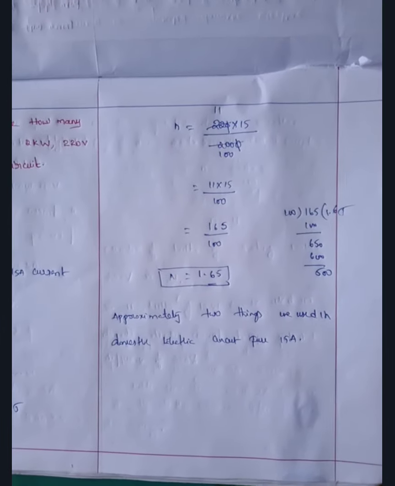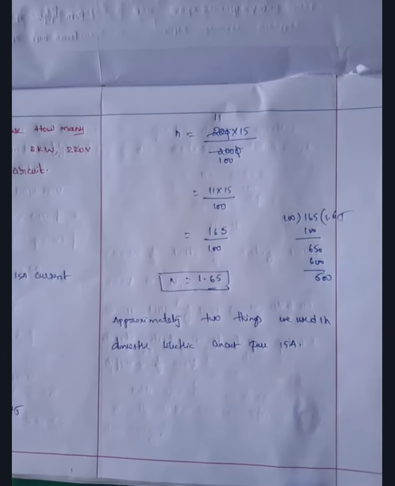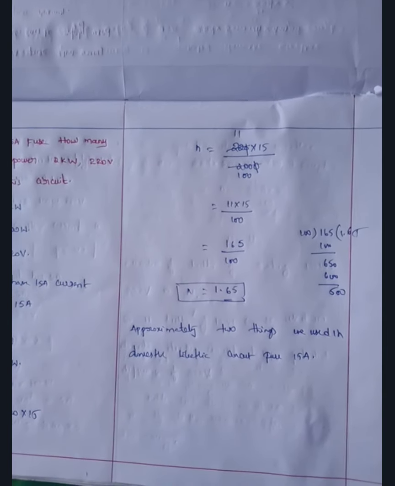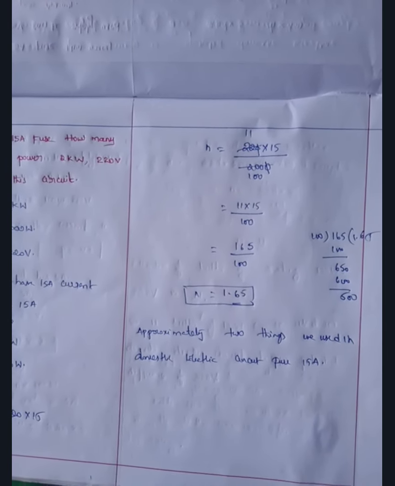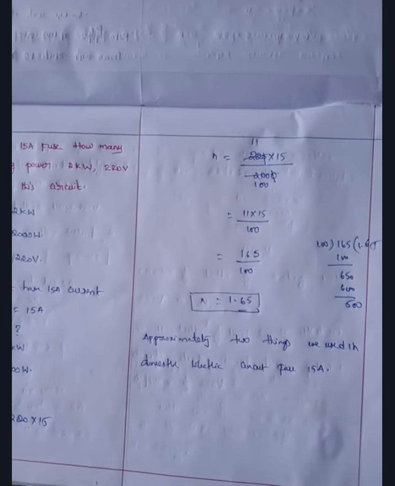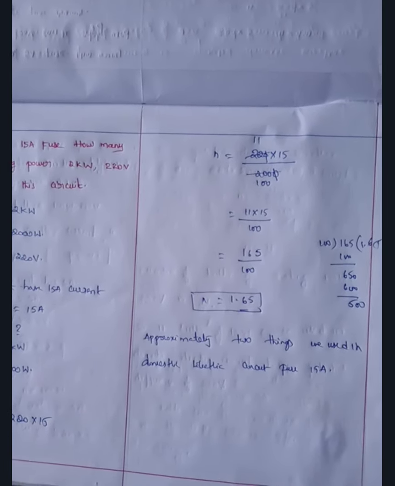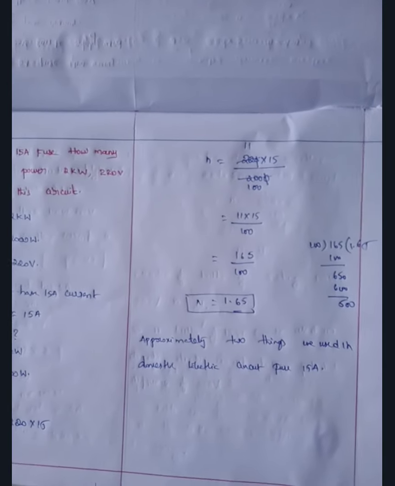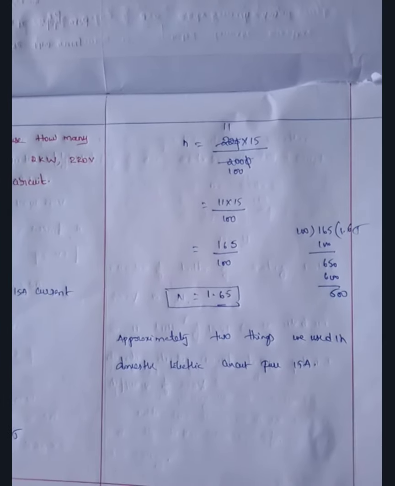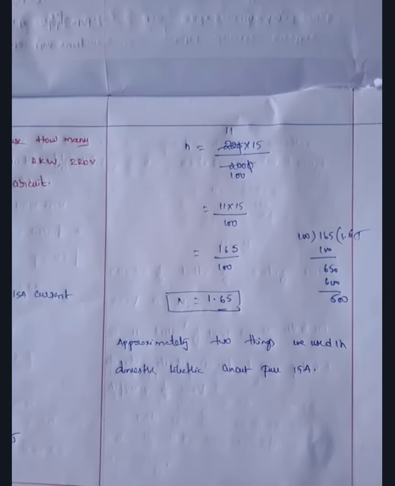Clear? That's why in our homes the refrigerator has its own circuit, the electric oven has one circuit, and geysers have one circuit. A heavy power rating device has only one circuit of 15 amperes.